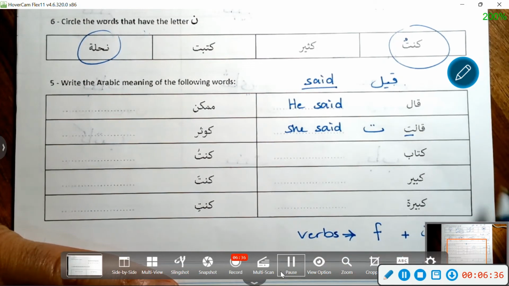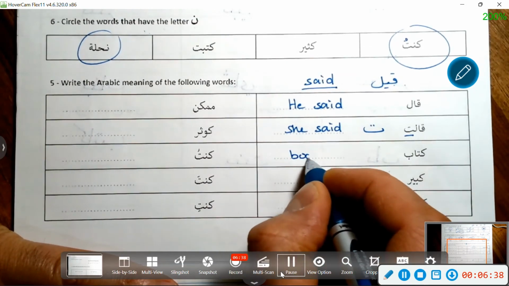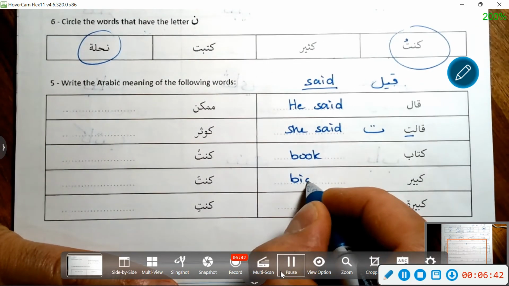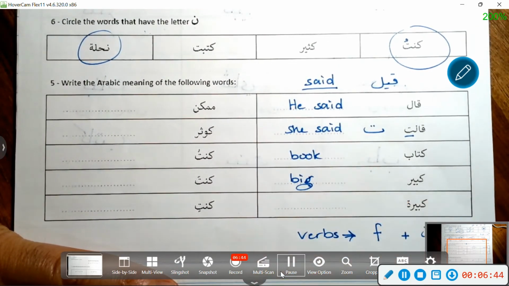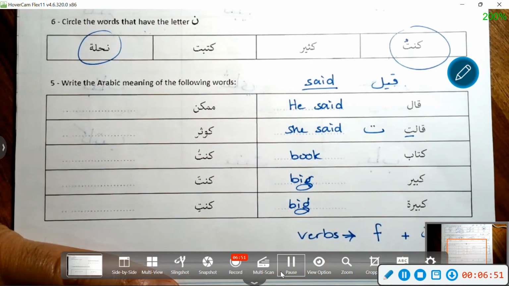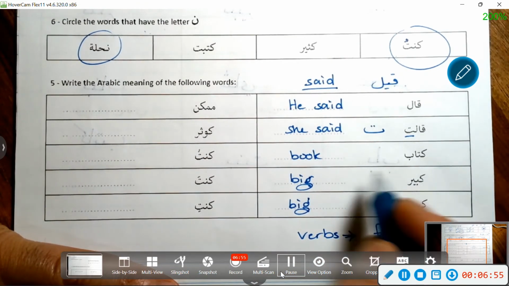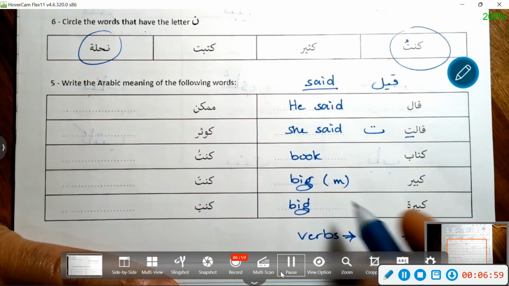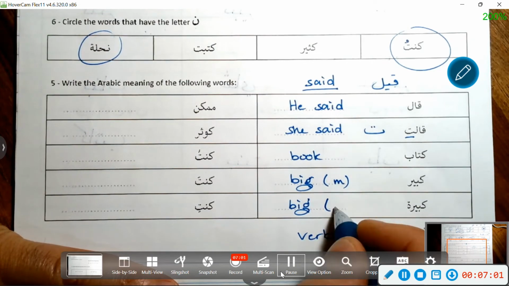كتاب, a book. كبير, big. Now كبيرة, it's also big, but since I'm asking you كبير and كبيرة, you have to distinguish between these two. So big is for masculine, meaning for males, and كبيرة is feminine.